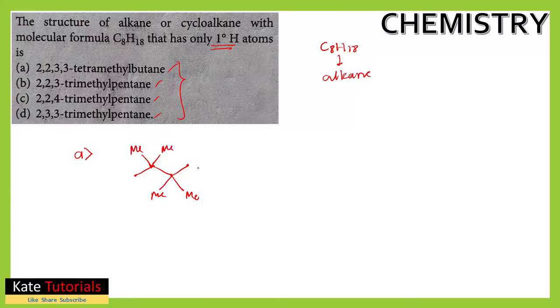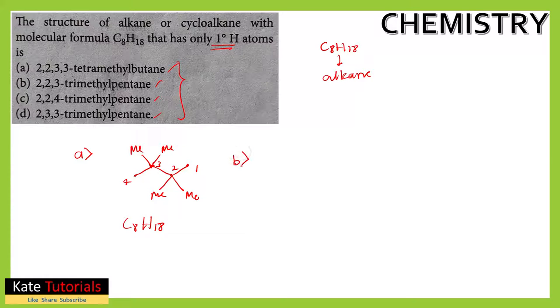Numbering is 1, 2, 3, 4. So this is 2,2,3,3-tetramethyl butane. If you count the number of carbons here, 1, 2, 3, 4, 5, 6, 7, 8, C8. If you count the hydrogens, it will have H18.